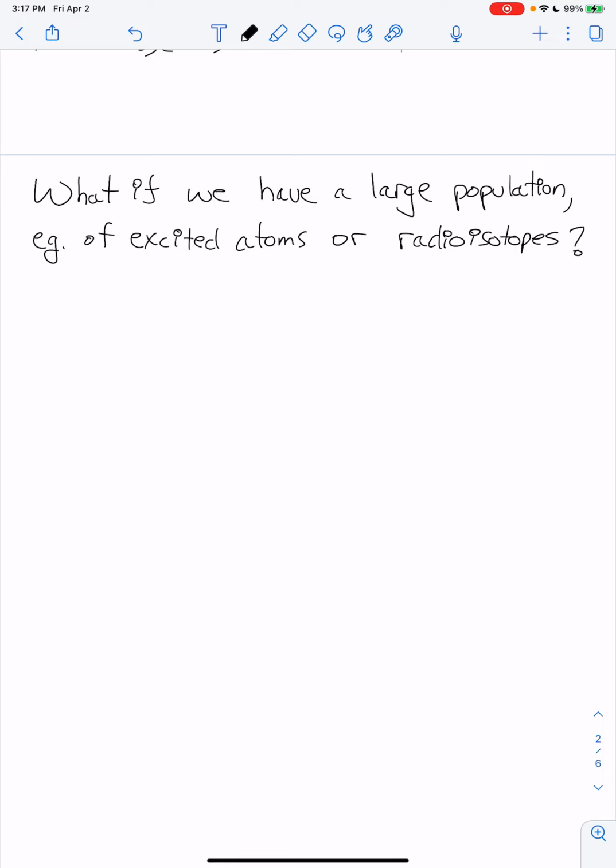Okay, well, then we have a slightly different but very closely related situation where the probability of any of these decaying is going to be equal to n times the probability of any individual. And this n is the number of excited atoms or whatever.